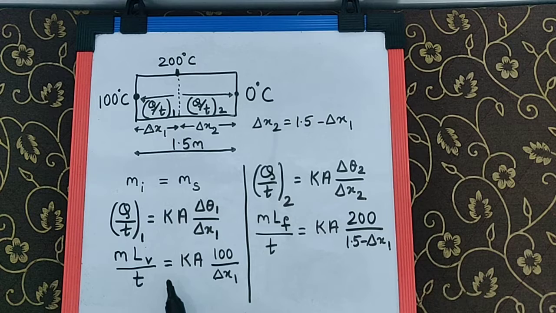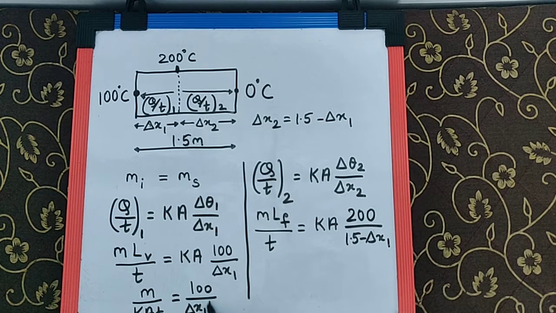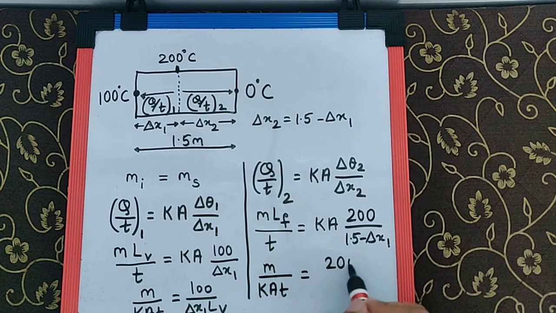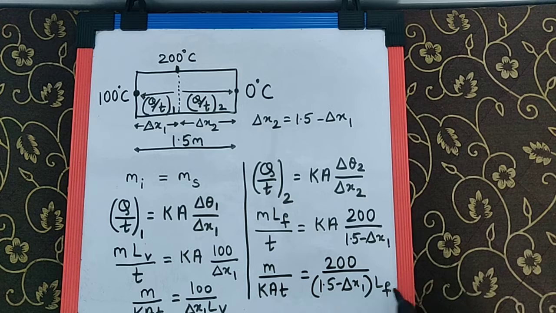So if I rearrange these equations, m upon K A T is going to be 100 upon delta x1 into LV, and over here I'm going to get m upon K A T is equal to 200 upon 1.5 minus delta x1 into LF.